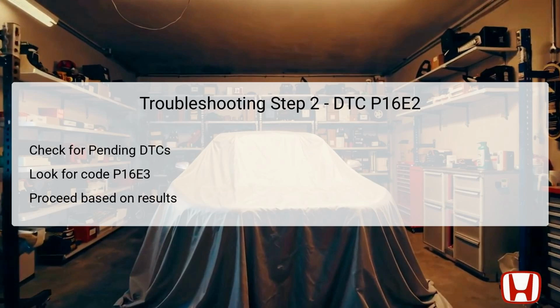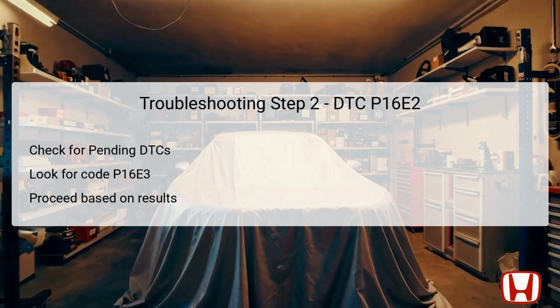In this second step of troubleshooting for DTC P16E2, the focus shifts to checking for any pending or confirmed DTCs using the Honda diagnostic system. After rerunning the diagnostic scan, it is essential to look for any new codes, particularly DTC P16E3, which denotes a PGM-FI battery sensor LIN communication error.